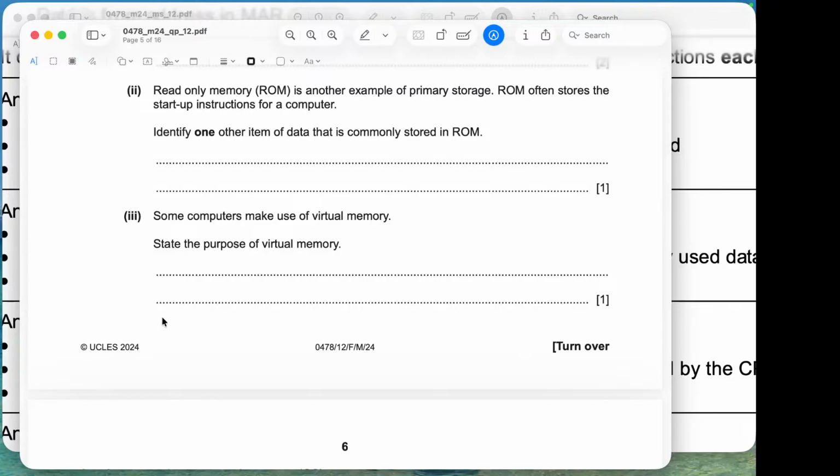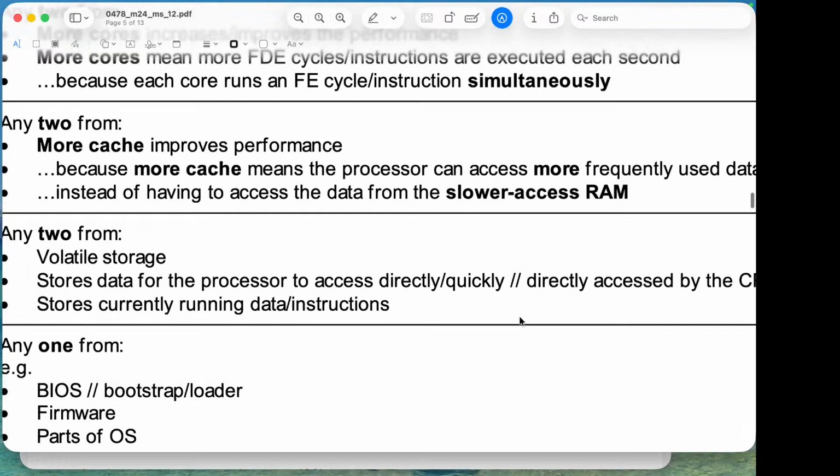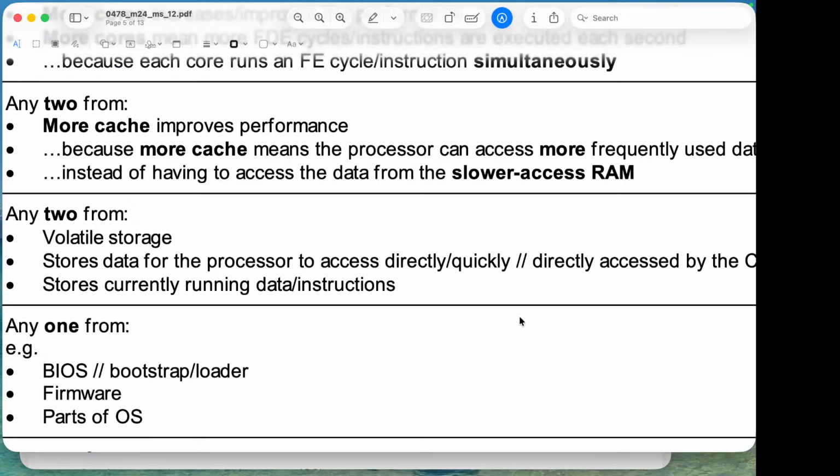Yeah, BIOS is another one, good. Or you could say firmware, or you can say bootstrap loader. What else have they got? They've got BIOS, or you can call it the bootstrap loader, firmware, or part of the operating system. So yeah, not long. Not long for your mock.